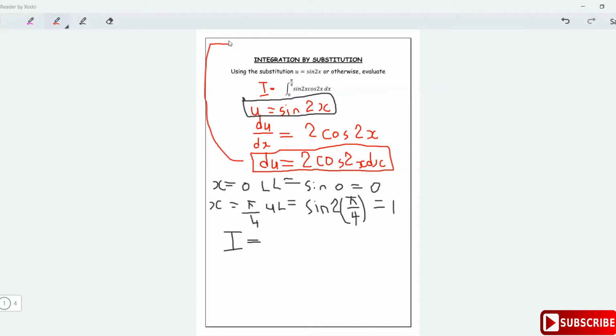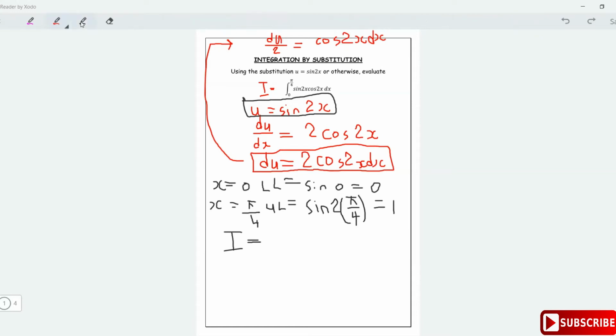If I divide this by 2, what I'm going to get is du over 2 is equal to cos 2x dx. That would be du over 2 cos 2x dx.